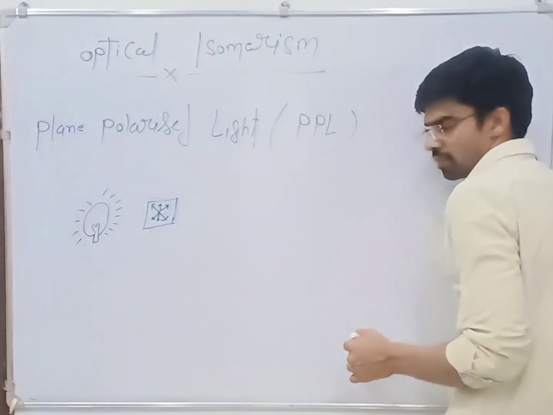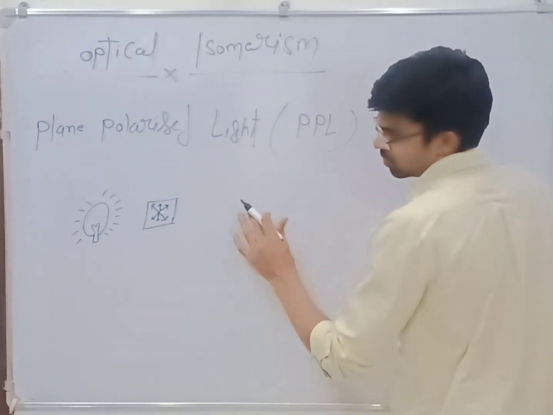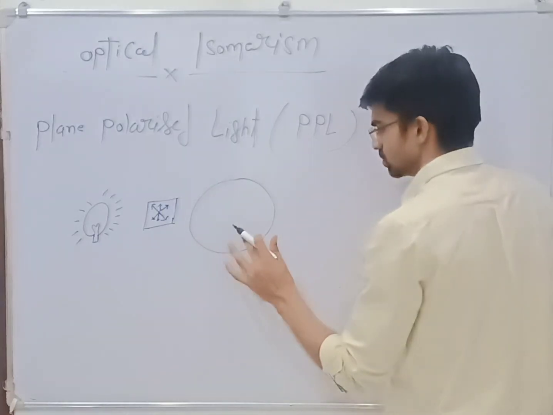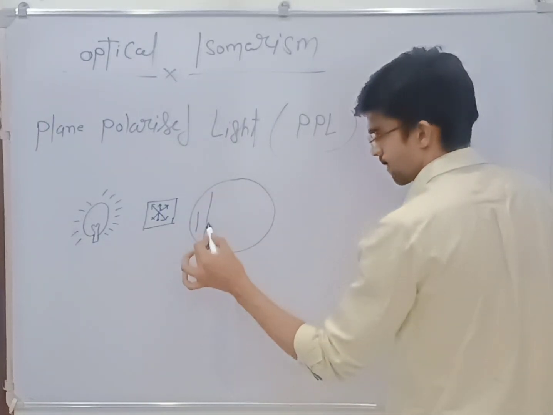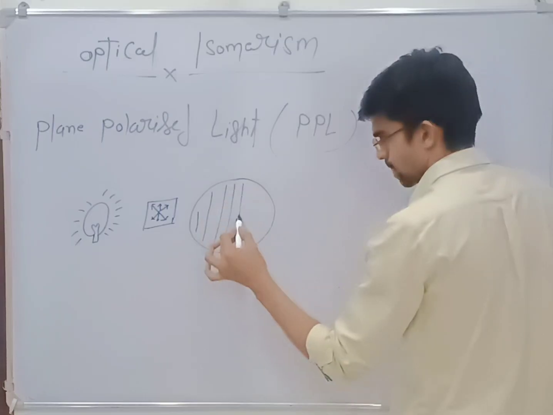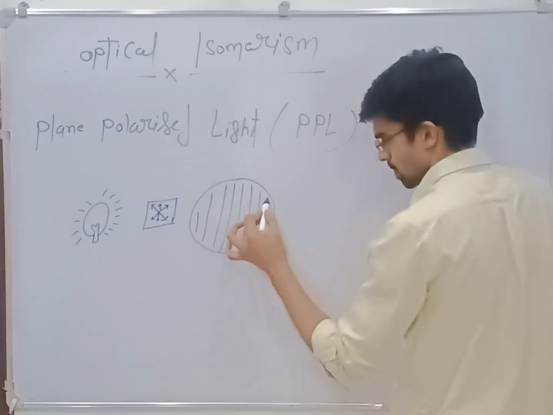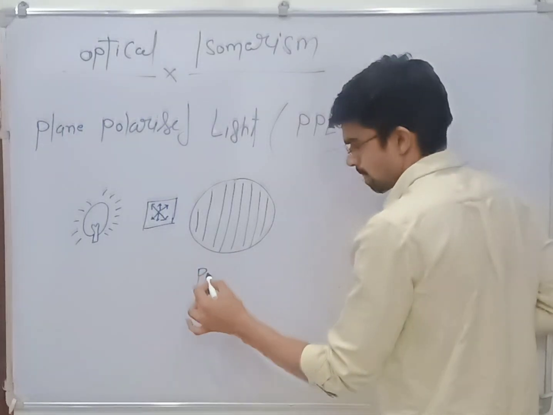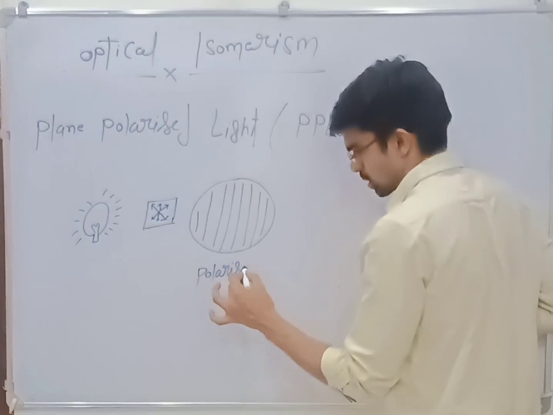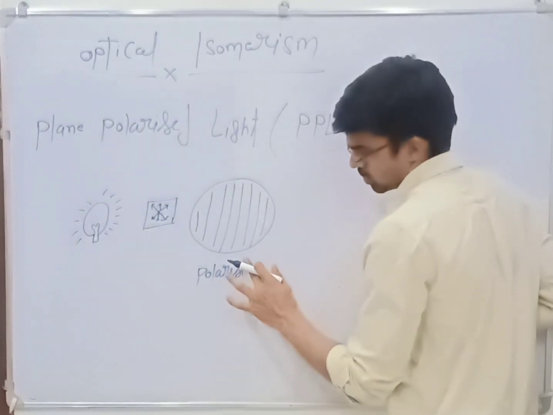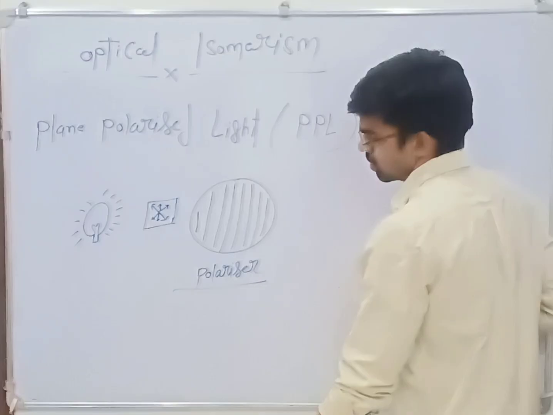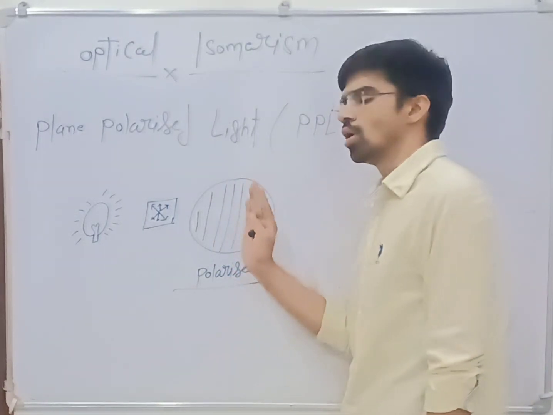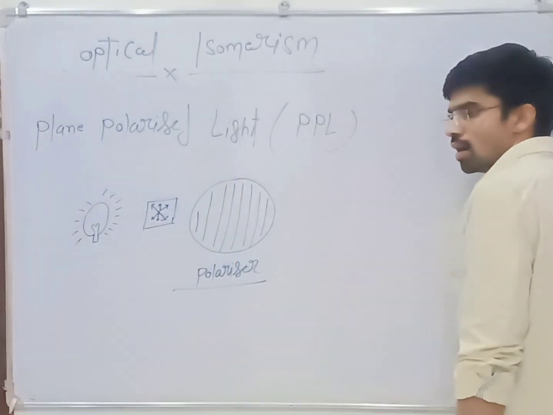But when you place a Nicol prism or polarizer in the path of light, it will block the light of all the directions and only pass the light.